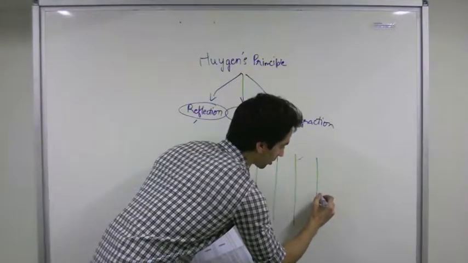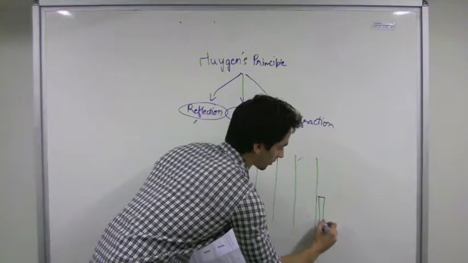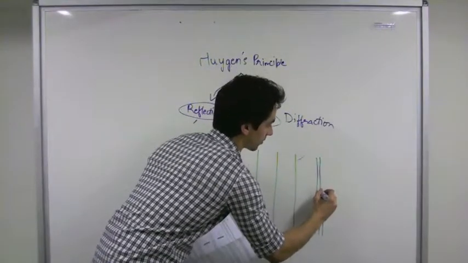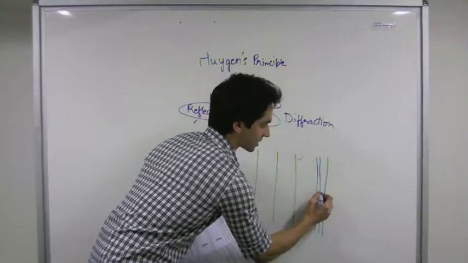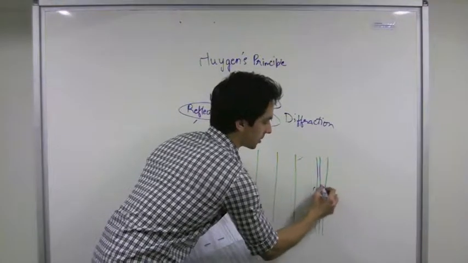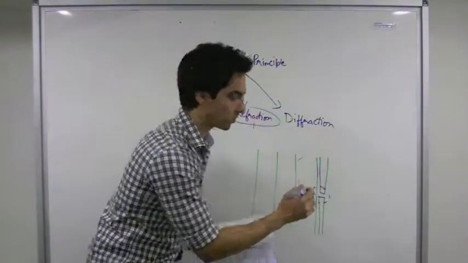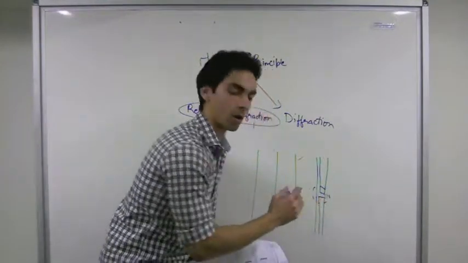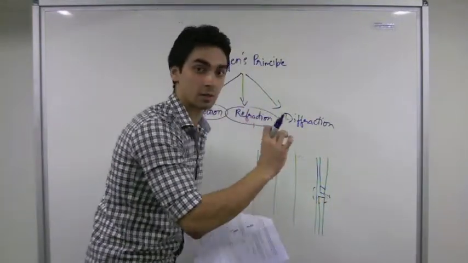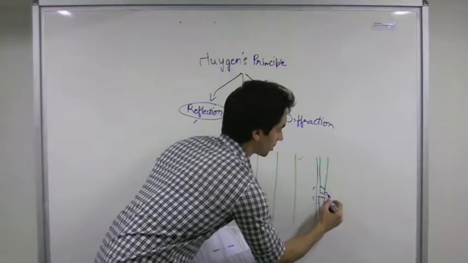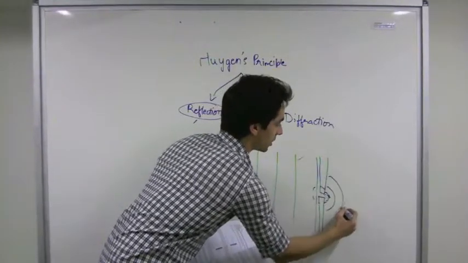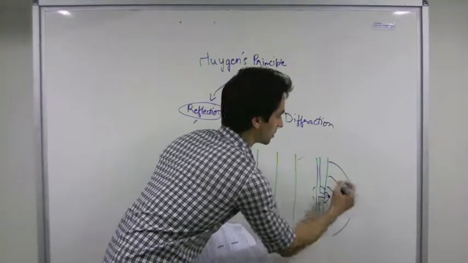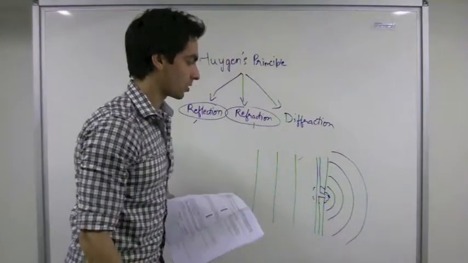Now if we block one segment of the wave here and another segment of the wave here, and we have a small aperture over here which allows the waves to pass through, what we will see is that only this portion of the wave acts as a secondary source of the wave, and the pattern of waves produced would be in this pattern, right?